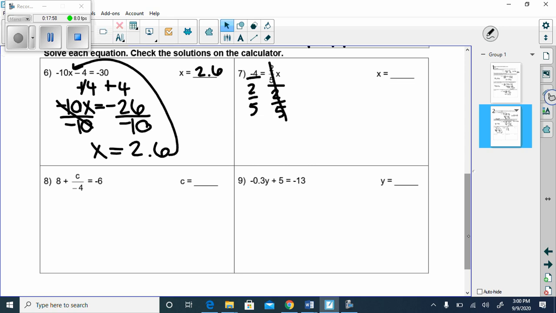We could multiply by 5, but then we still have to, but that does work. All right, and remember, if you're typing this in your calculator and leaving it as a fraction, put those parentheses around it. So what do I get when I divide by 2/5? Should get bigger. Good.